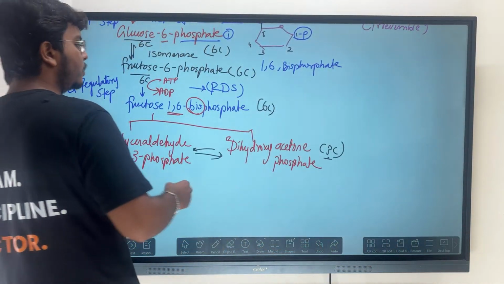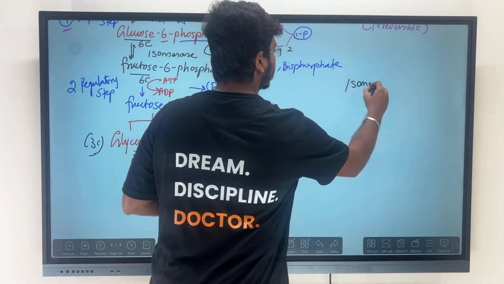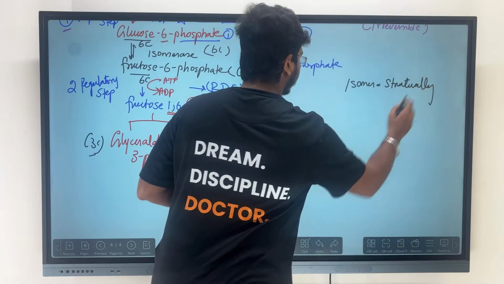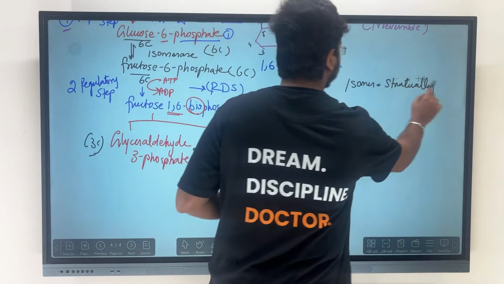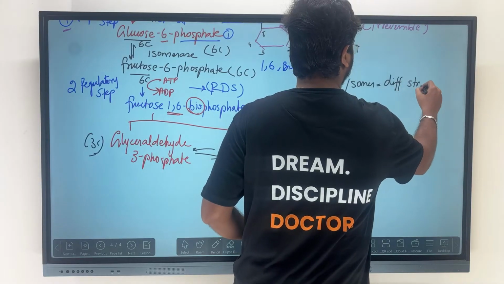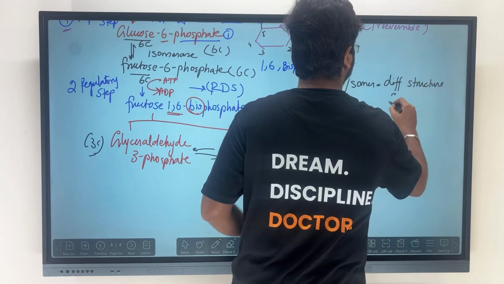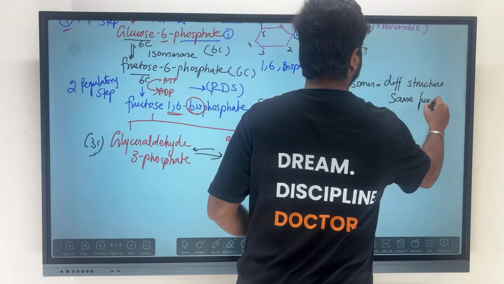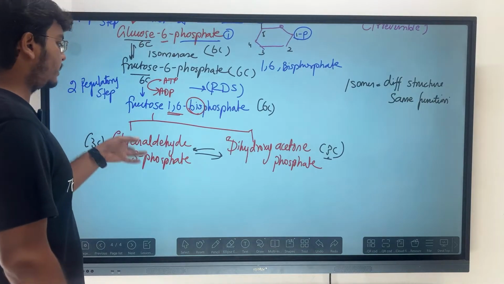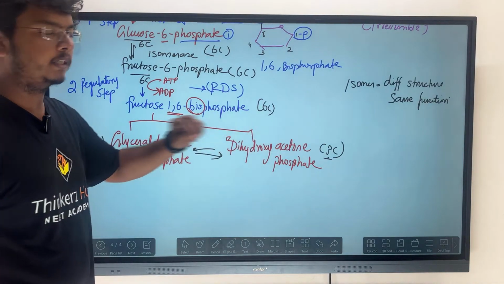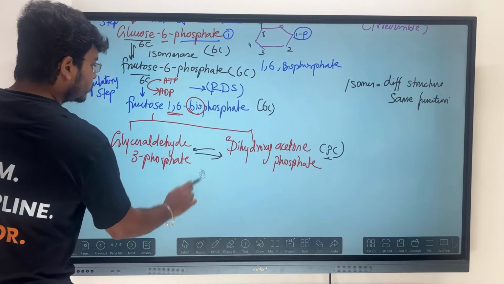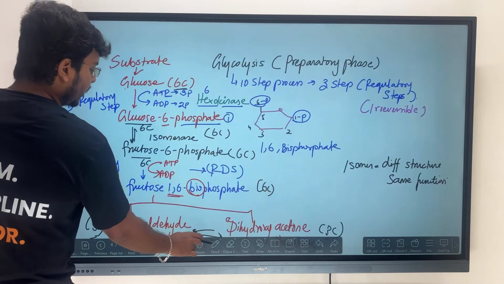Okay, what is an isomer? Isomer is structurally different, or you can say different structure, same function. And here why is one glyceraldehyde and another one dihydroxyacetone phosphate? Because we know glucose usually has two functional groups.